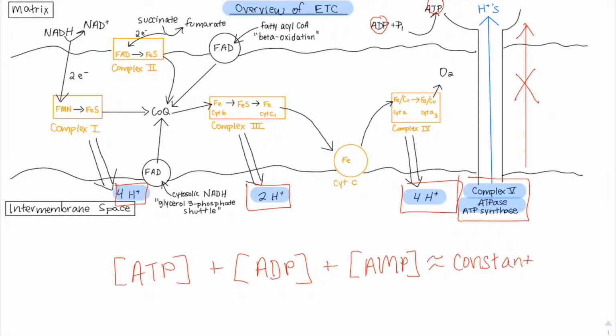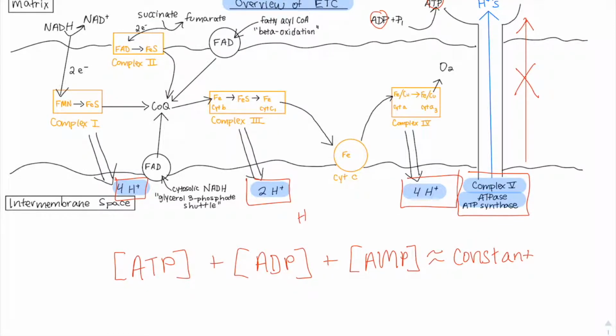What happens is you build up a really high proton gradient, and in fact it becomes so high that complexes 1, 3, and 4 don't have enough energy to pump those protons. The gradient isn't being depleted at all. It's just going to build up a lot since complex 5 or ATP synthase isn't running.